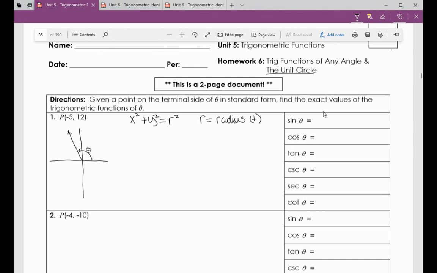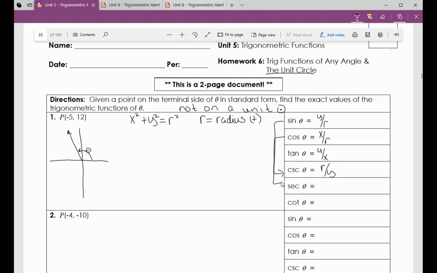So your ratios, when you are not on a unit circle, and I'll tell you how I know this in just a second: sine is y over r, cosine is x over r, tangent is still y over x, cosecant, take sine and flip it, so that would be r over y.